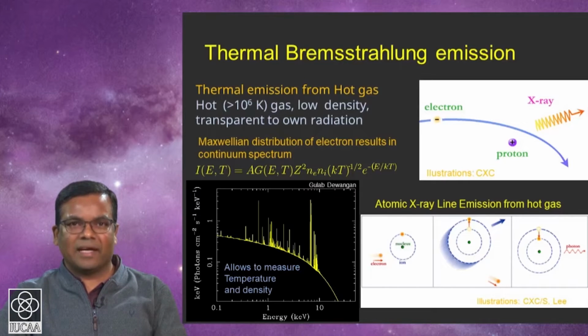Thus, the ion ends up in a higher excited state, and remains there for a very short time. It then de-excites to one of the lower levels, giving rise to radiation which is characteristic of this kind of transition, and therefore line radiation.